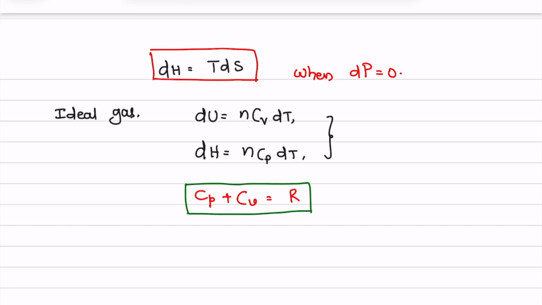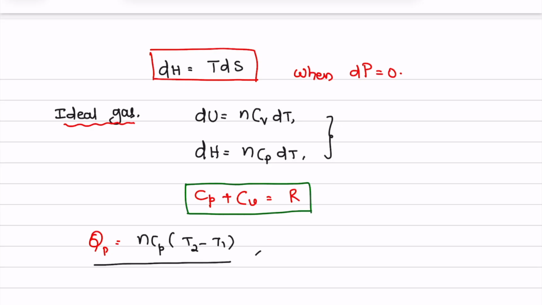This is for an ideal gas, we are doing it. Heat at constant pressure is equal to nCp into dT, that is T2 minus T1. This is one equation.